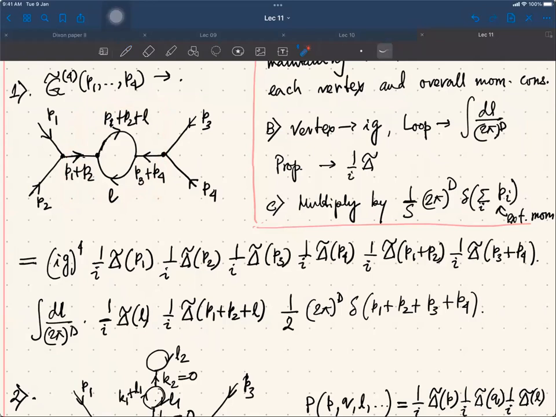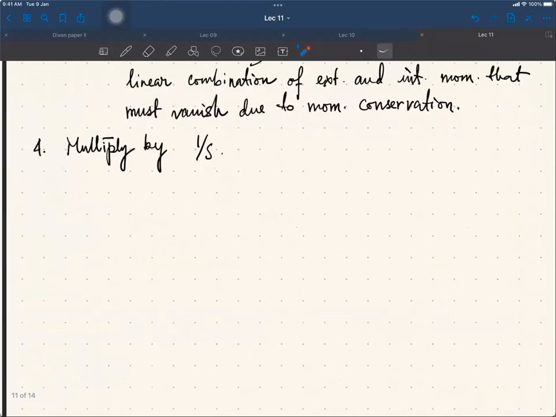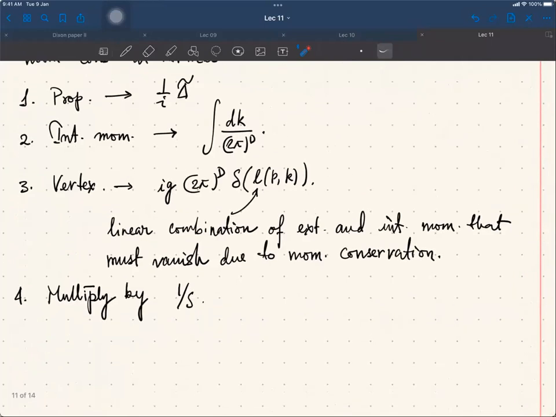Basically what it means is that all the momentum conserving vertices will automatically produce the overall momentum conservation. So when you write down Feynman rules in this way, you do not have to have that extra conservation equation.